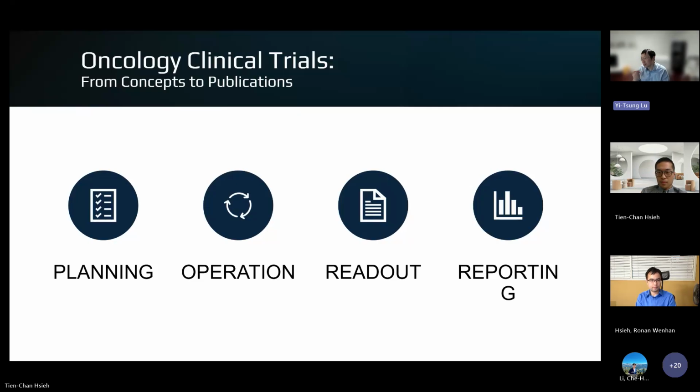And for us, the manuscript is actually not the key. Very different from academia, where publication is the most important thing. For us, it is actually the filing, or we call it the BLA, biologic license application.